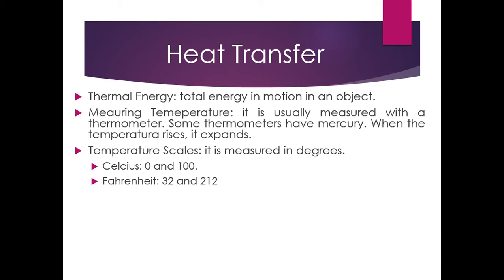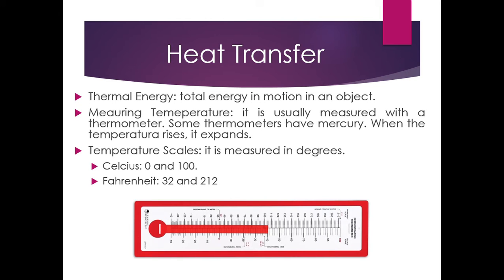Now we have another scale, which is Fahrenheit. In Fahrenheit, it is a little bit different. At what temperature does water freeze according to Fahrenheit? It freezes at 32 degrees. And at what temperature is water going to evaporate?